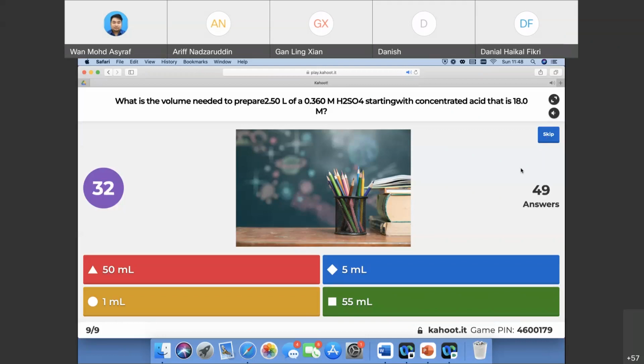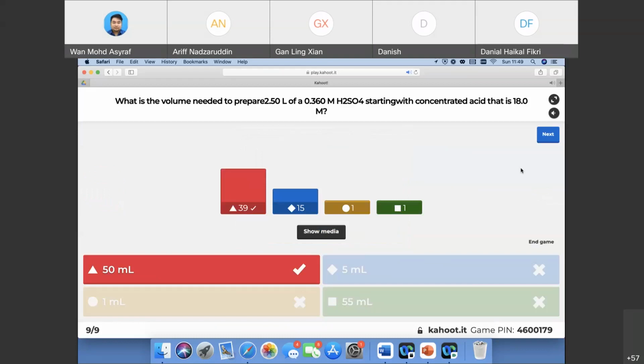Okay, 30 seconds left. Right. So 39 of you got it right. It's about 50 mil. Okay, so this is about M1, V1, M2, V2.